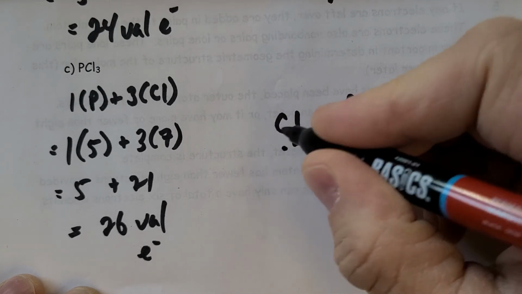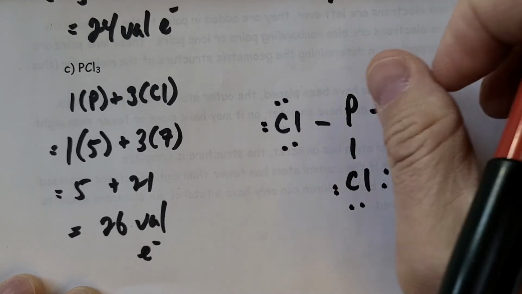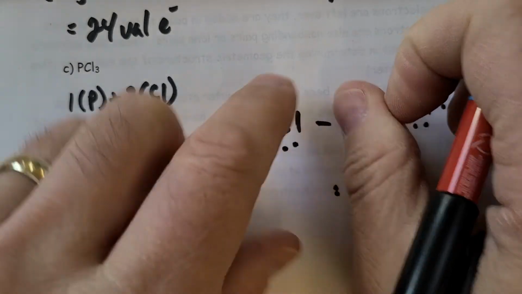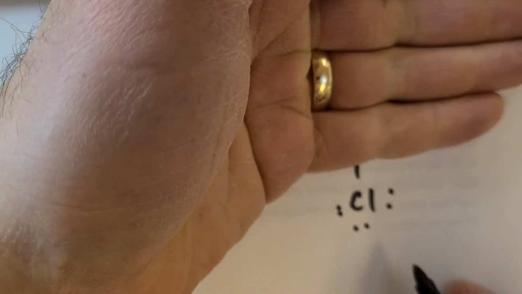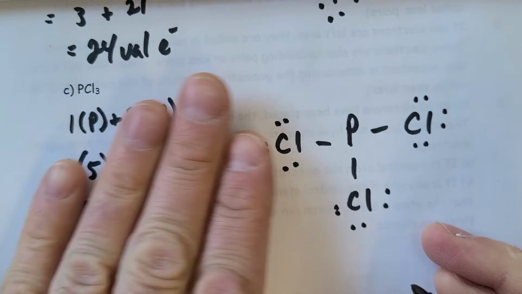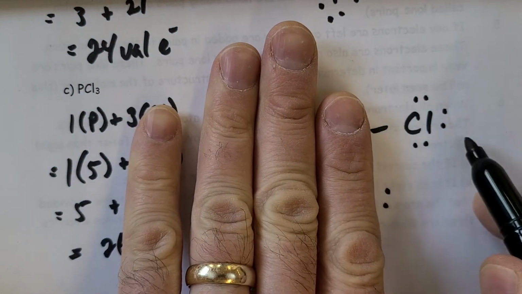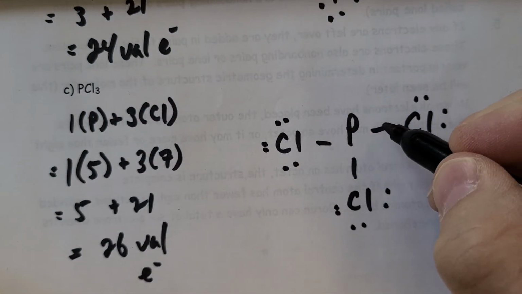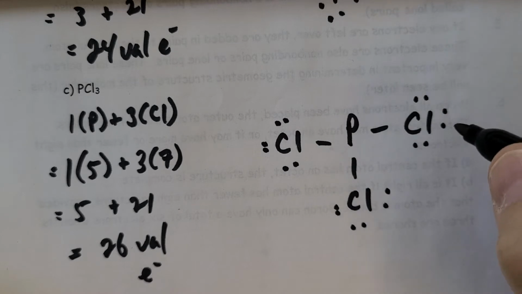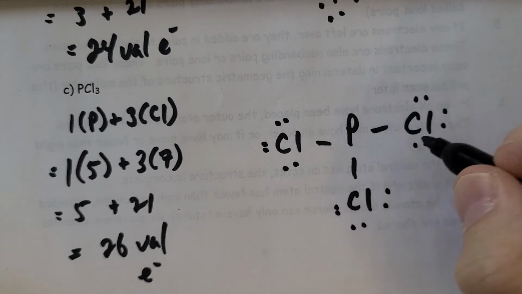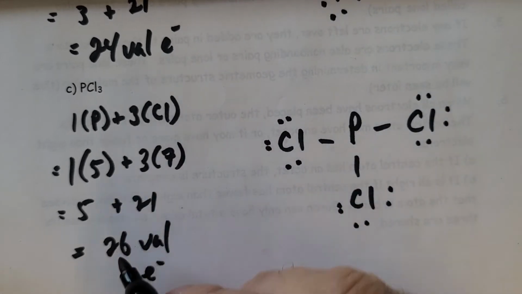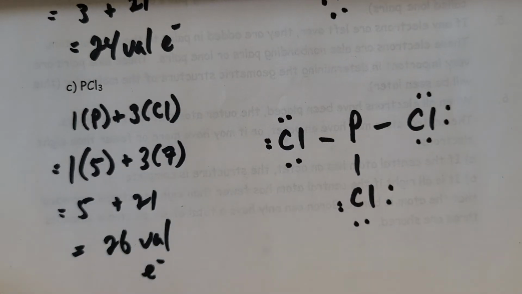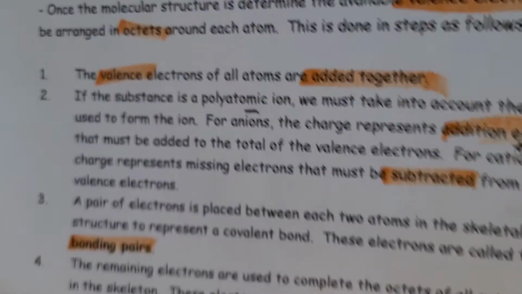So just do that. All 4 sides of the chlorines are going to be full. So 2, 4, 6, 8, this chlorine, 2, 4, 6, 8, this chlorine, 2, 4, 6, 8, this phosphorus, 2, 4, 6. Now if I look here, each of these sets is 8, 8, 8. 8 times 3 is 24. But look, I have 2 left over. What happens with that?